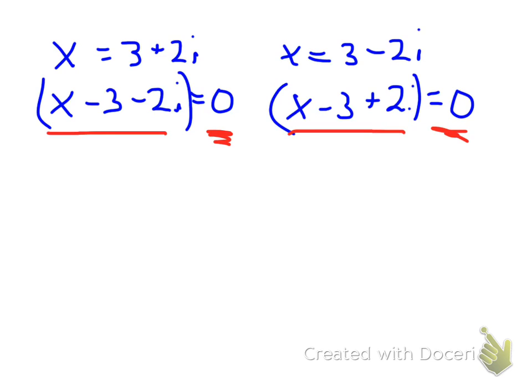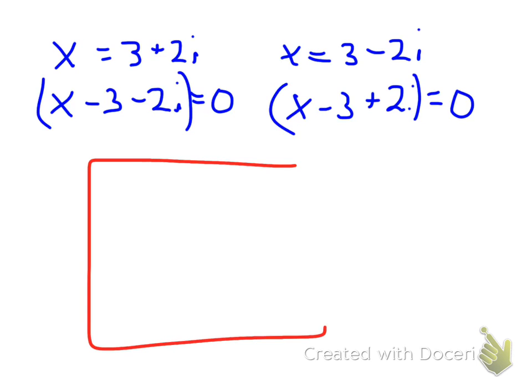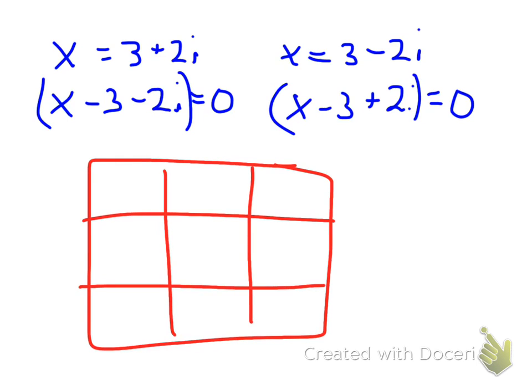So what I did is I started off with the roots and made them both into equations that equal 0 and found my factors. That will now give me a 3 by 3 generic rectangle that I can multiply to get my quadratic. So now I just fill the rest in.